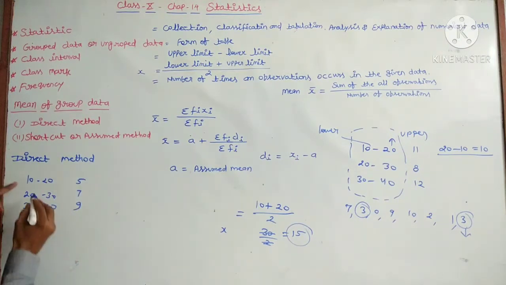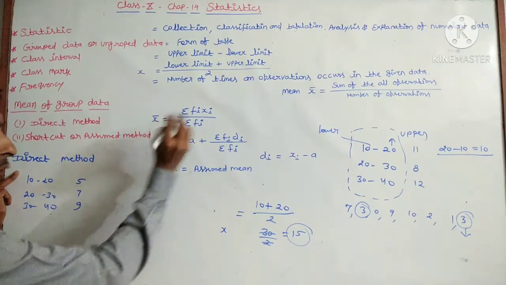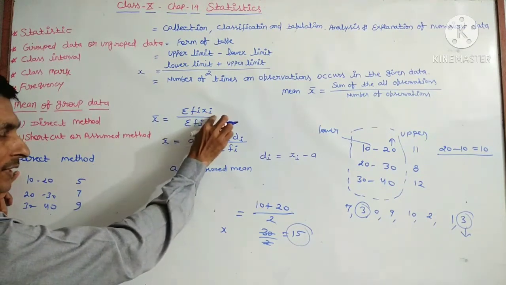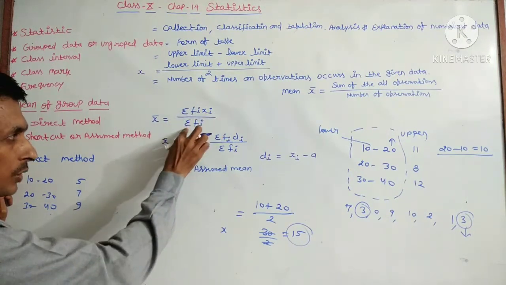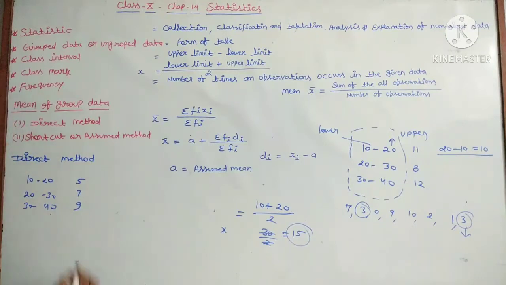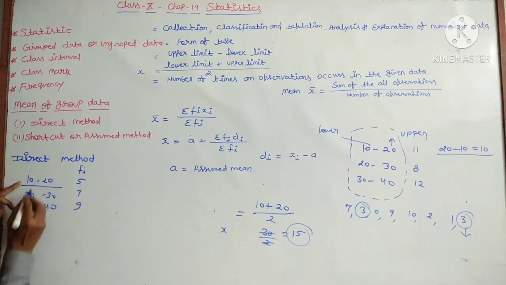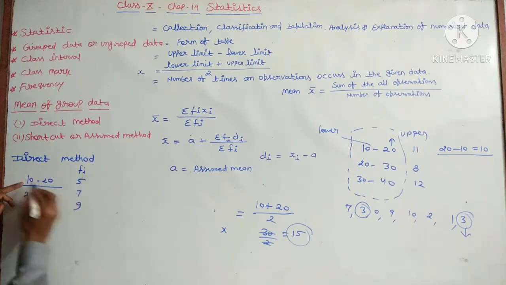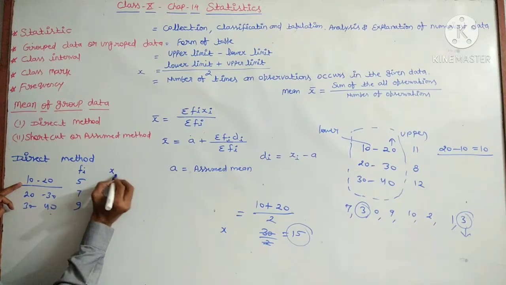Okay, and with the help of this method, what is the formula? X bar equals sigma fi xi upon sigma fi, or summation fi xi upon summation fi. Here you will find the class mark, suppose 10 plus 20 is 30, it is 15, so this one is xi.